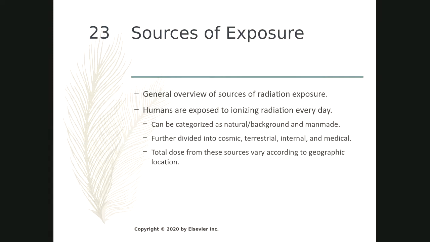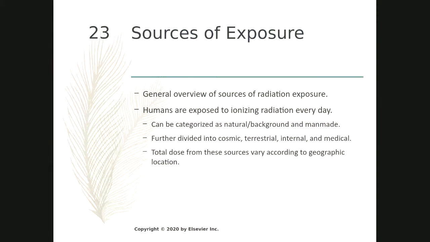But realistically, we get exposed to ionizing radiation every single day in our daily lives. And typically that is either natural or background radiation. Whereas when you're talking about medical radiation, like an x-ray from the dentist, or when you go to get an x-ray of your hand or your chest, that is man-made radiation. But natural and background radiation occur as well.